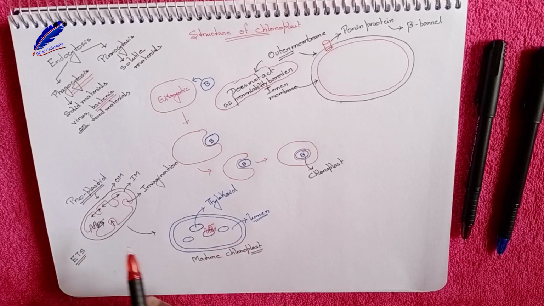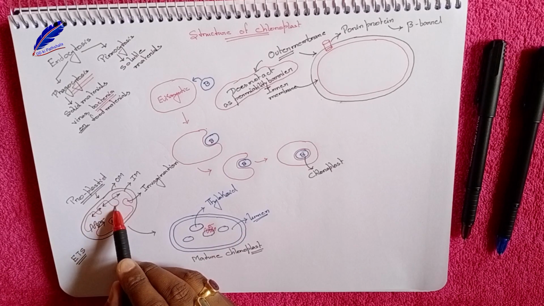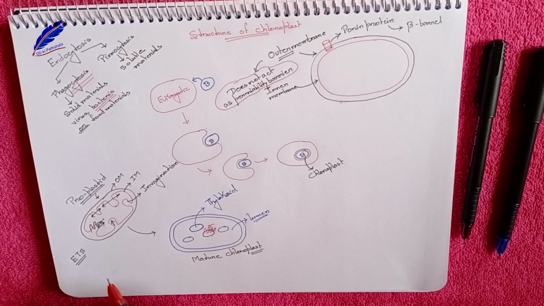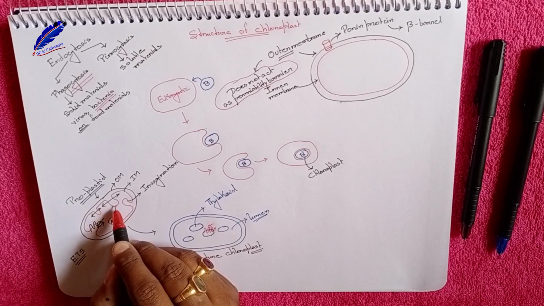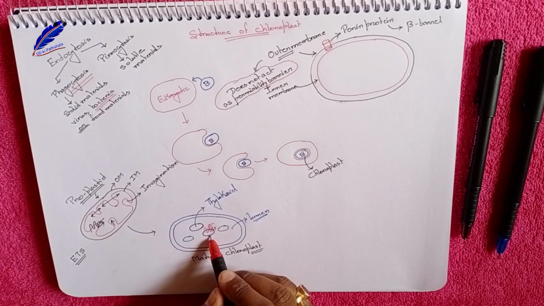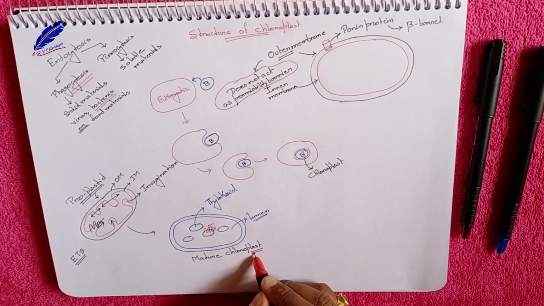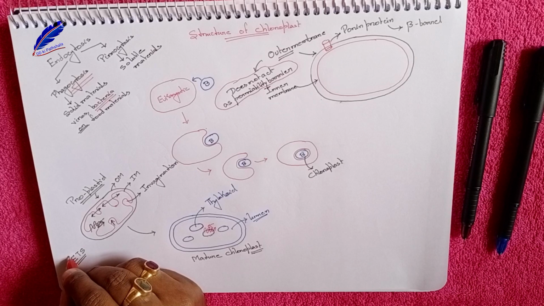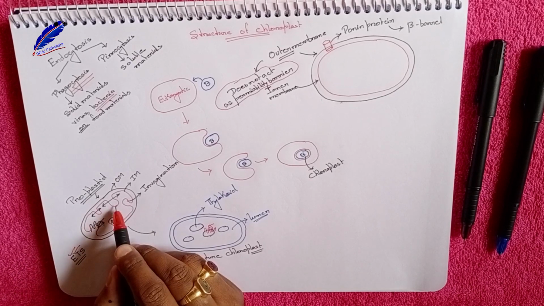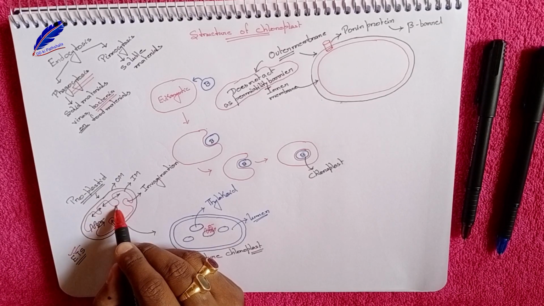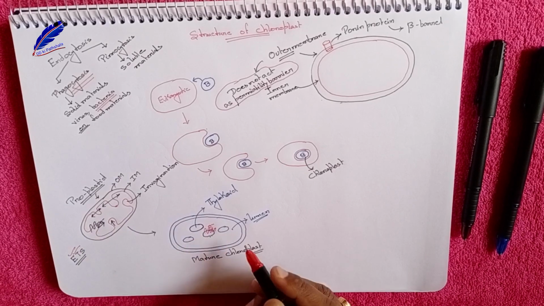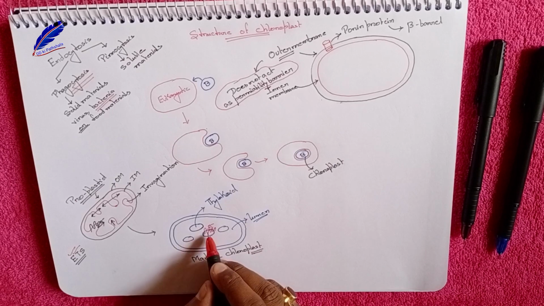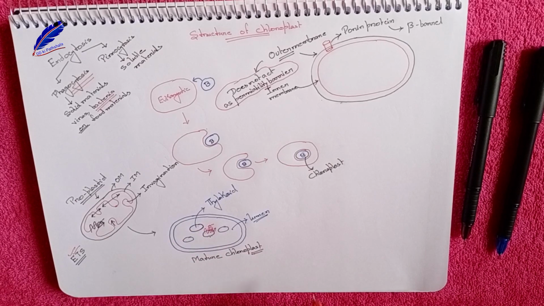There is no difference, because in proplastid these are the cristae, which have ultimately developed into thylakoids in mature chloroplast.